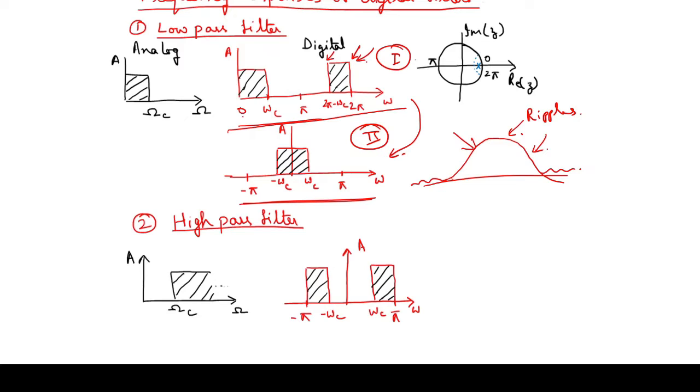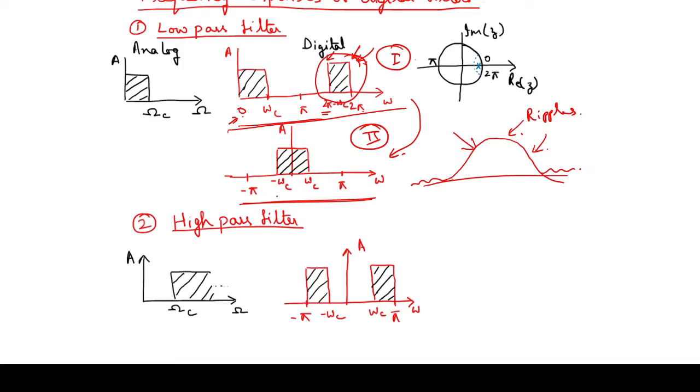So what is 2 pi? 2 pi is basically 0. So in 2 pi minus omega c, if we replace 2 pi with 0, because 0 and 2 pi are similar, we get minus omega c.